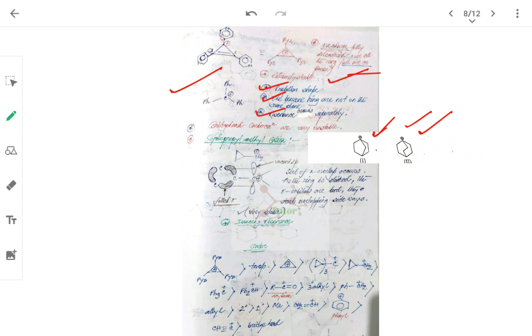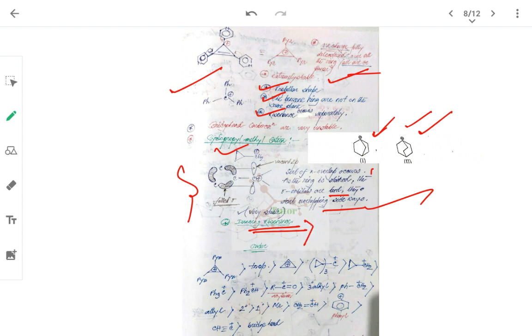Cyclopropyl methyl cation. Now guys, this is also a special case. This is cyclopropyl methyl cation, and in this case a sort of pi overlap occurs. As the ring is strained, the sigma orbitals are bent and they start overlapping sideways, and it is a very stable product. Actually, in this case, there occurs a special type of resonance that is called dancing resonance.